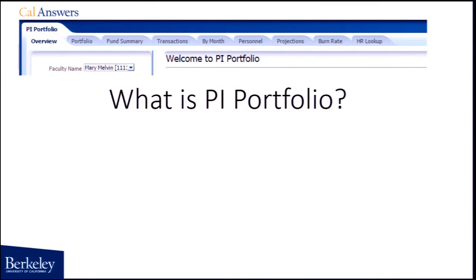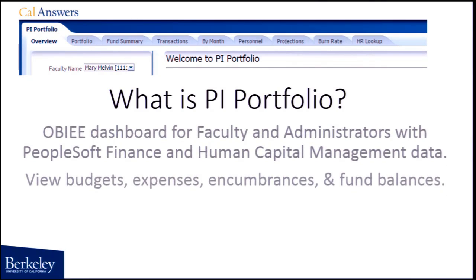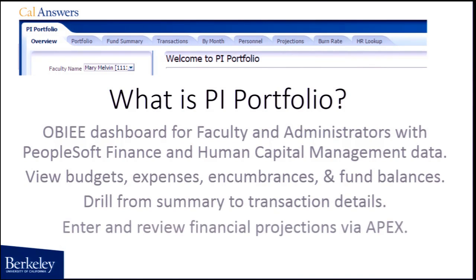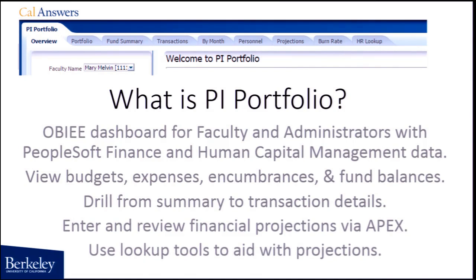So what is iPortfolio? Well, this dashboard was conceived to help faculty who do research on campus. And at Berkeley, we have about $2 billion in research funding, and it's spread across somewhere around 20 to 30,000 different funds. So you talk about a lot of different restrictions and needs, and a lot of analysis is put in every day to figuring out how much money is left in these individual buckets.